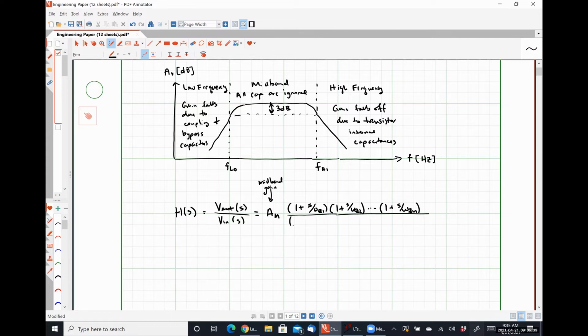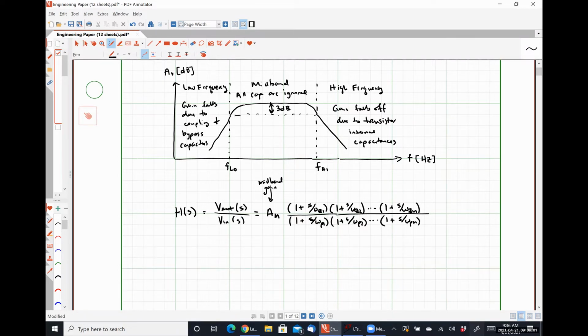Those are all our zeros. Our poles will be in the denominator. So we'll have 1 plus S over omega P1 down here, 1 plus S over omega P2, and 1 plus S over omega Pn.